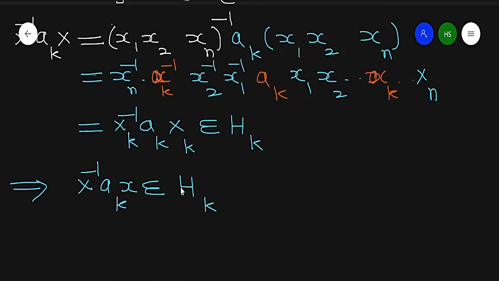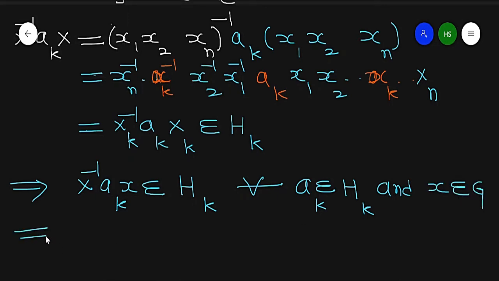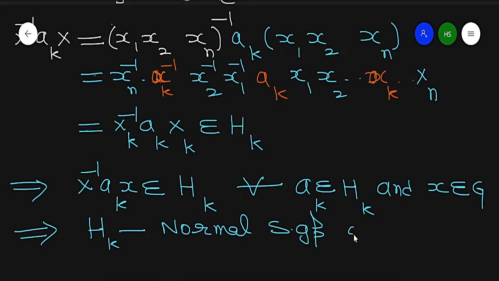This is for every ak belonging to Hk, and this x belongs to G. What it proves is that Hk is a normal subgroup of group G. So this is my first part: for each i, it is a normal subgroup.